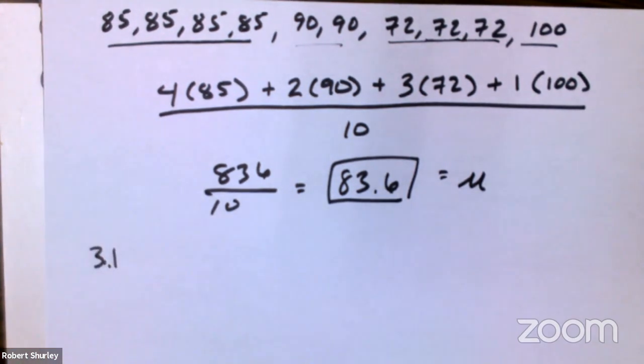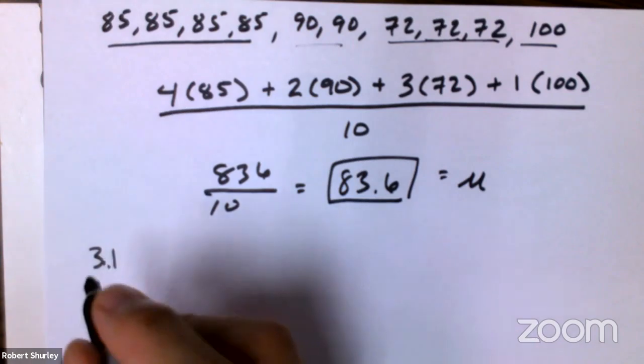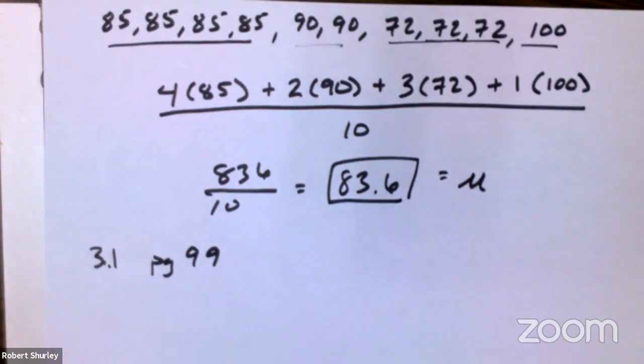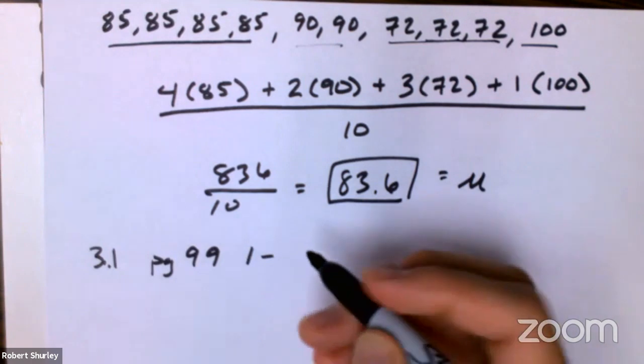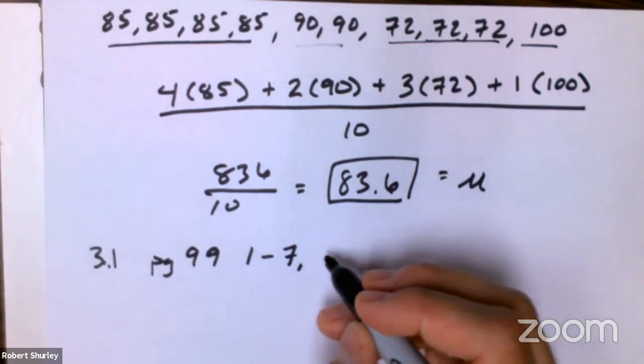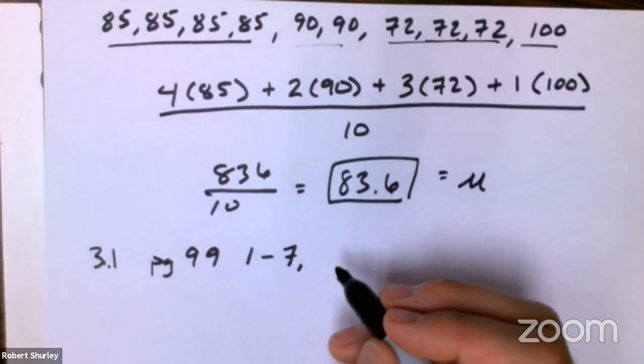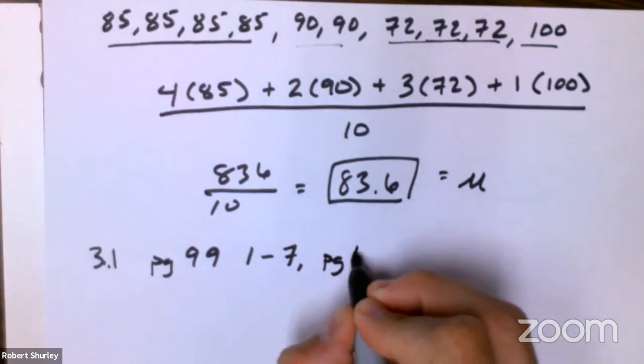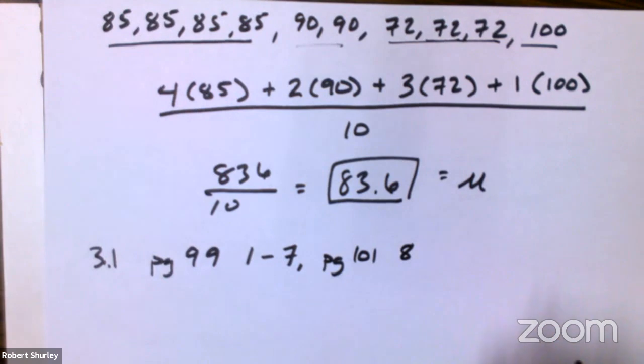Okay, for page 104, let's look at the homework for 3.1. Actually, the homework starts, because your book does this thing where it gives homework throughout, on page 99. I want you to do 1 through 7 there. And then number 8's on the next page, 101.